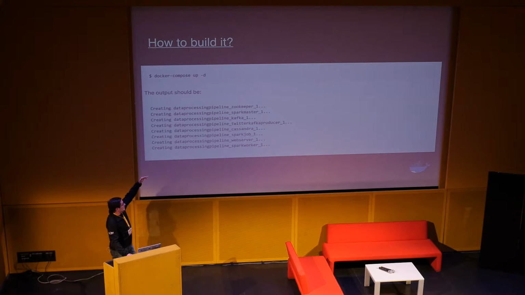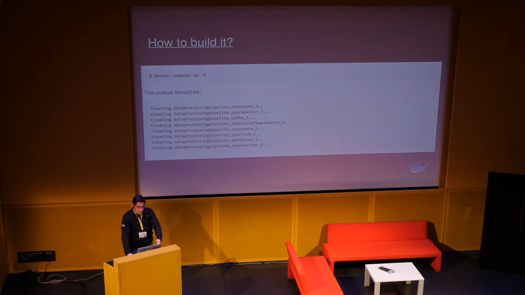So I'm going to spin up the Zookeeper service, the Spark Master, the Kafka, the Twitter Kafka producer, the Cassandra, the Spark job that processes the data, the web server that visualizes the data by talking to the APIs, and the Spark worker. So this you can build on your laptop, and if it's working as you are expecting, you can move to a production or at least a development environment on DigitalOcean or any cloud provider.